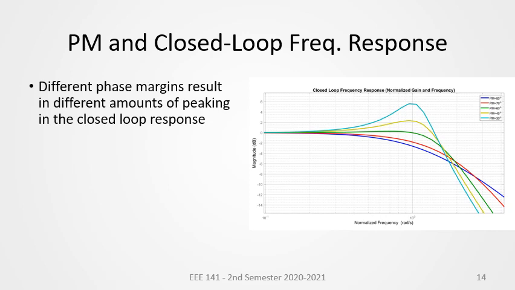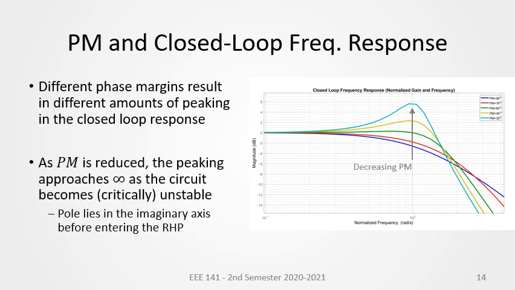As shown, different phase margins result in different amounts of peaking in the closed loop response. As the phase margin is reduced or decreased, the peaking approaches infinity as the circuit becomes critically stable.